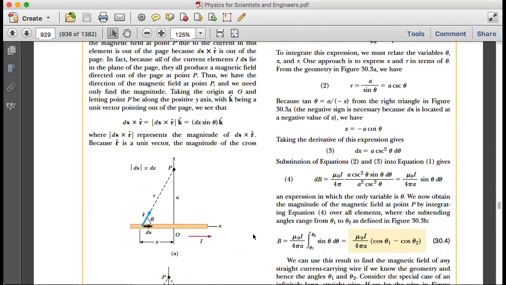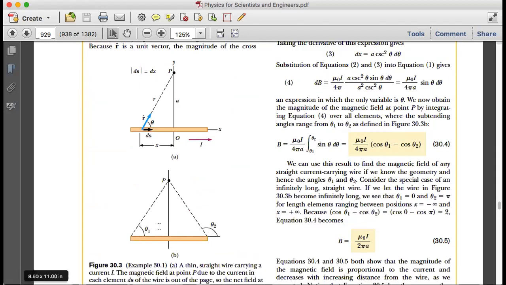Kalau cos theta 2, theta 1 itu sudut lancip, sedangkan theta 2 sudut tumpul, di atas 90 derajat, jadi nilainya minus, karena di sini minus jadi plus, oke?